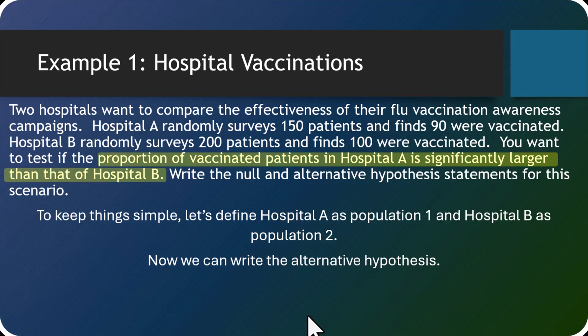Well, it's right here. It says you want to know if the proportion of vaccinated patients in hospital A is larger than hospital B. In other words, we think that P1 might be bigger than P2, or again, if you subtract P2 from both sides, just using some algebra, then we have P1 minus P2 is greater than 0. So that is our alternative hypothesis for this example.